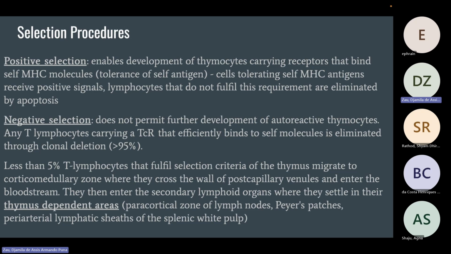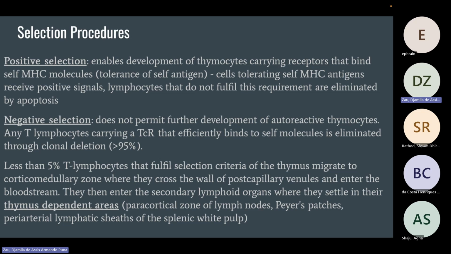And basically, guys, just know that out of all the lymphocytes that are maturing, 95% are autoreactive, meaning they don't pass the selection. They're essentially destroyed. Only 5% of the T lymphocytes will actually fulfill the selection criteria.